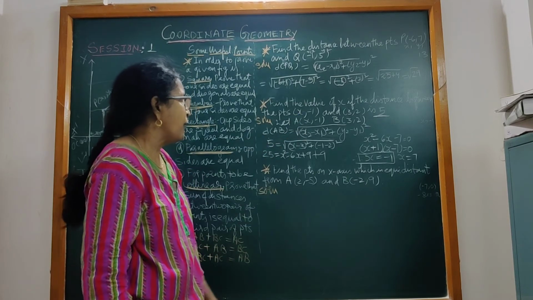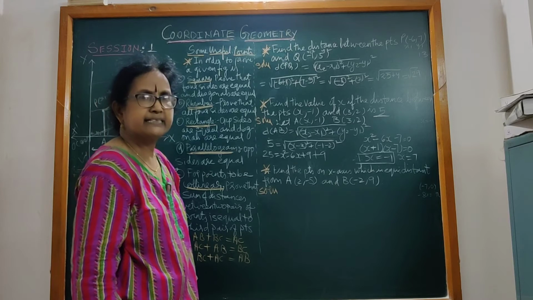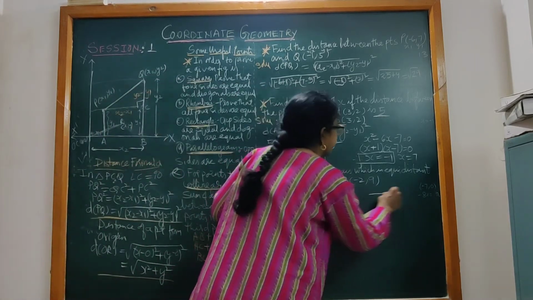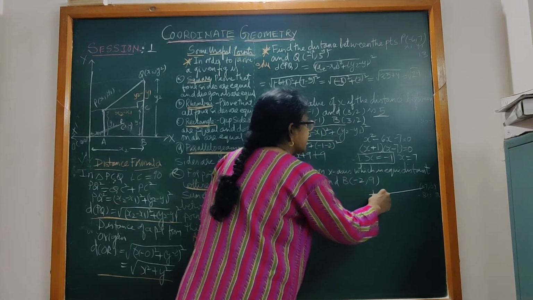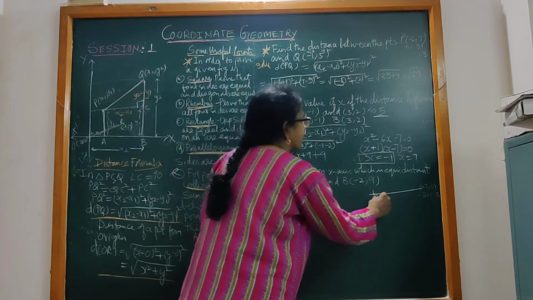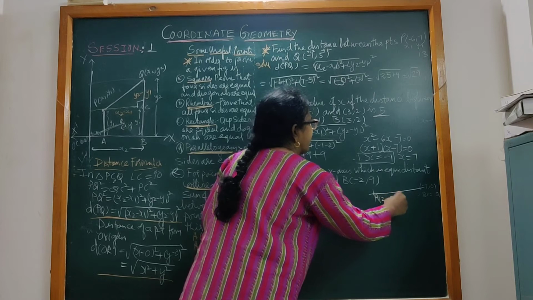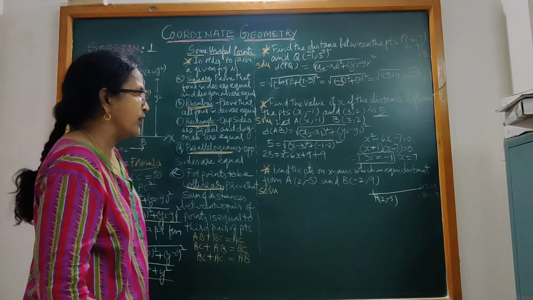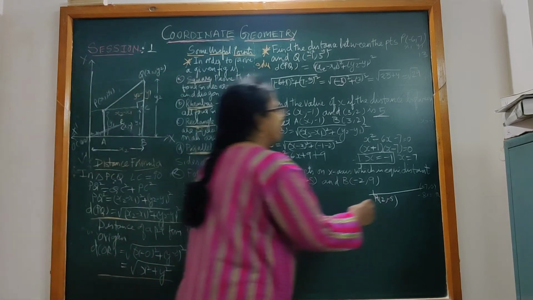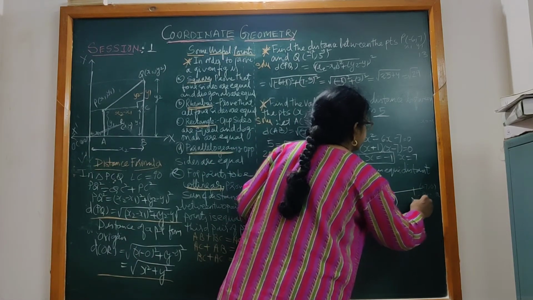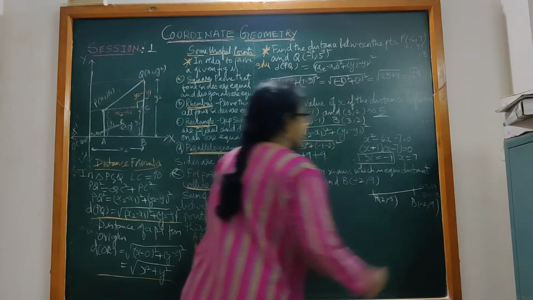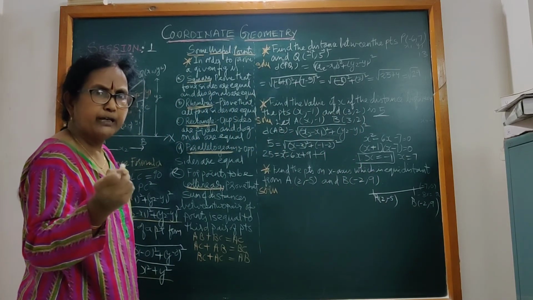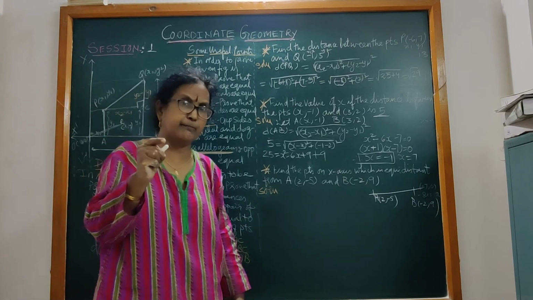Now the next: find the point on the x-axis which is equidistant from point A, whose coordinates are 2, minus 5, and B, whose coordinates are minus 2, 9. Now there is a point P. You are not to say that it is a midpoint.